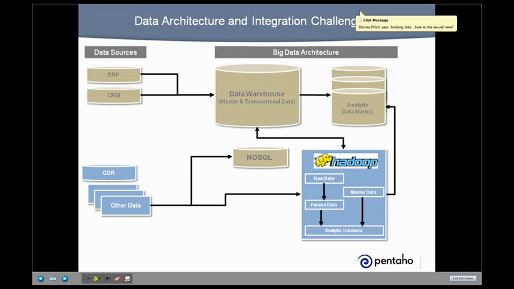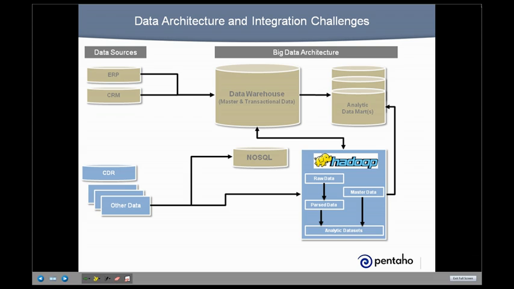Then you may have some other data sources that you either directly or through NoSQL pump into Hadoop, and then you may extract some additional data from that into the data warehouse, or do some lookups from the data warehouse, and eventually push some of that data, after some MapReduce jobs, into an analytical data mart, so that you can provide analytics and reporting on top of that.